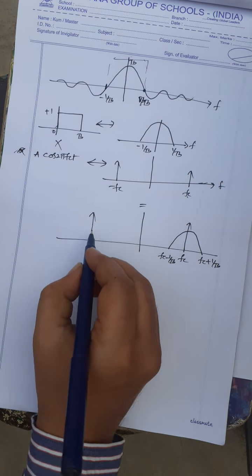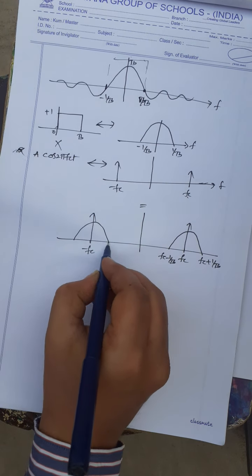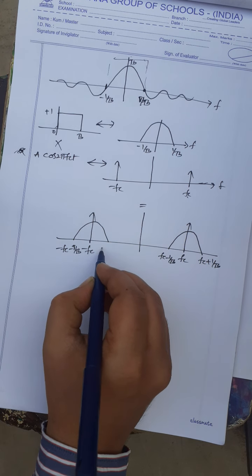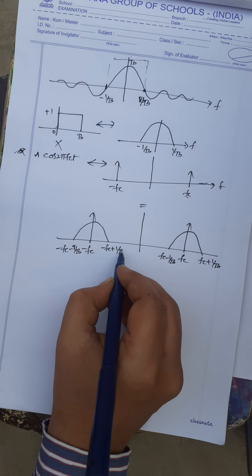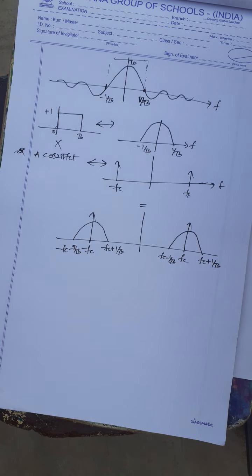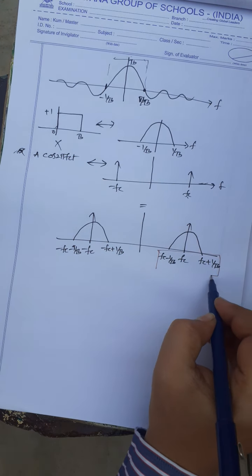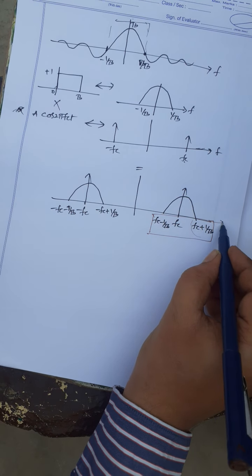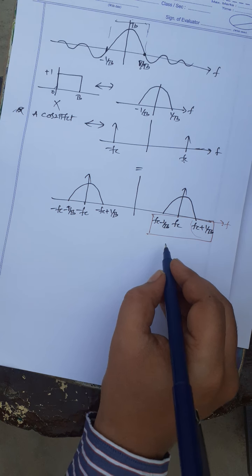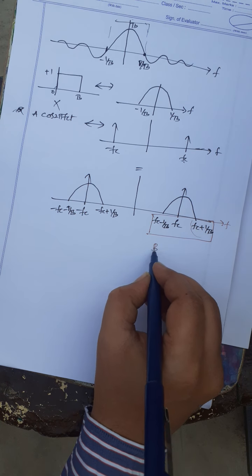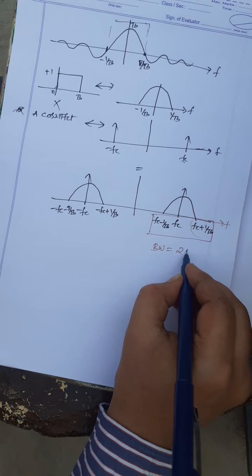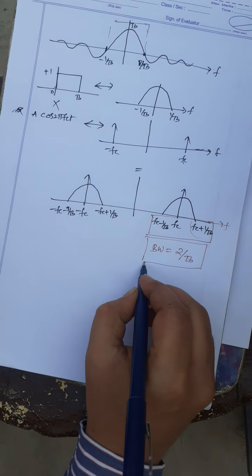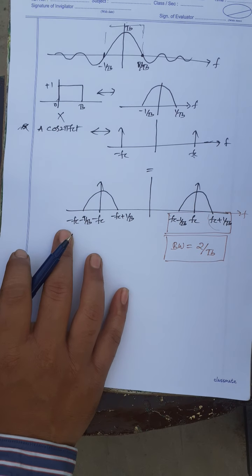Similarly on the negative side, minus fc minus 1 by Tb, here minus fc plus 1 by Tb. If you find the bandwidth of my BPSK, higher frequency term minus lower frequency term, you will get the bandwidth equal to 2 by Tb. The bandwidth of BPSK is 2 by Tb, right?